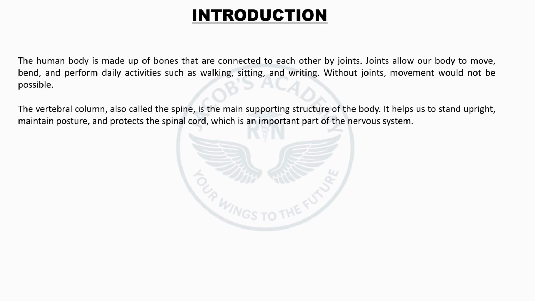It helps us to stand upright, maintain posture, and protects the spinal cord, which is an important part of the nervous system. Understanding joints and the vertebral column is essential in nursing practice, as it forms the basis for safe movement, patient handling, and recognizing musculoskeletal problems.